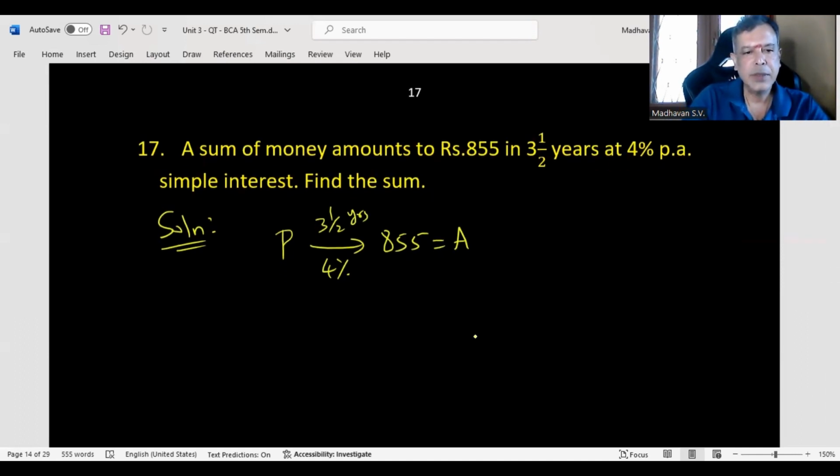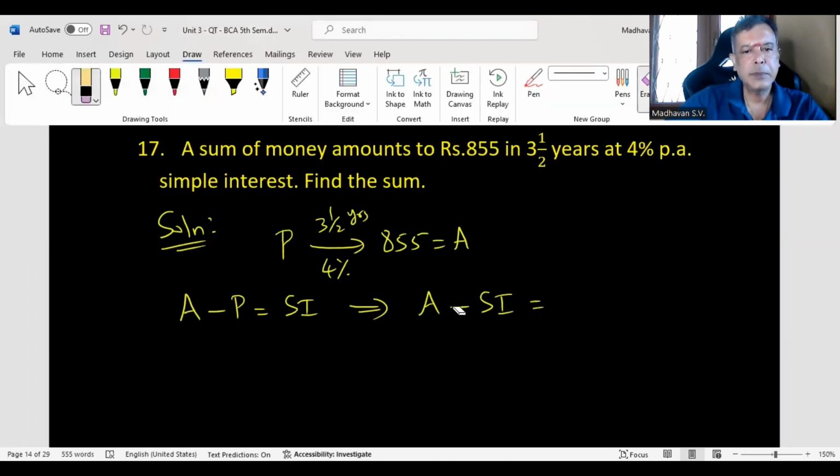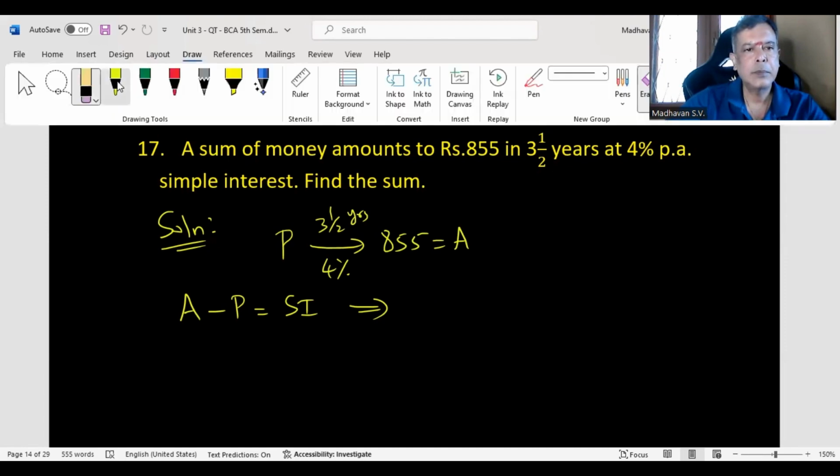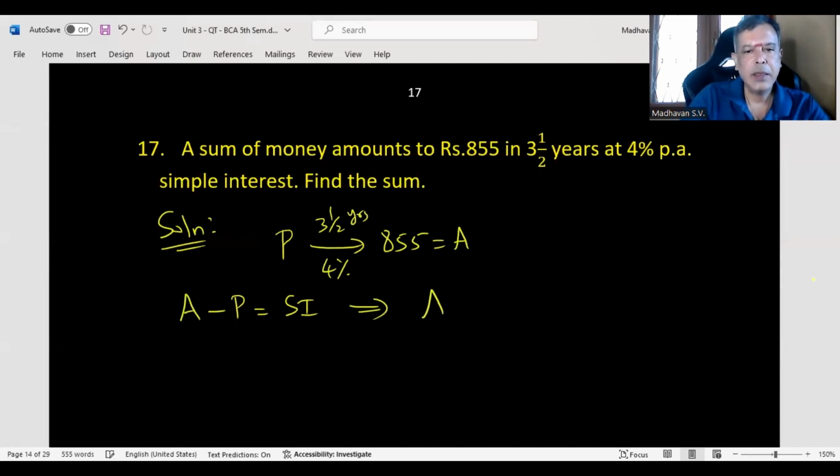Now, in simple interest, we have A minus P is equal to SI, which means A is equal to P plus SI.